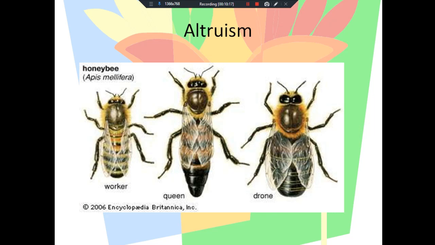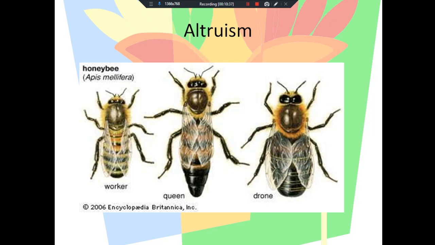Altruism means the principle of living for the interest of others. So what is altruism? The principle of living for the interest of others. That is, this is a caring behavior in which certain organisms expend time and energy caring for the other members of the species.